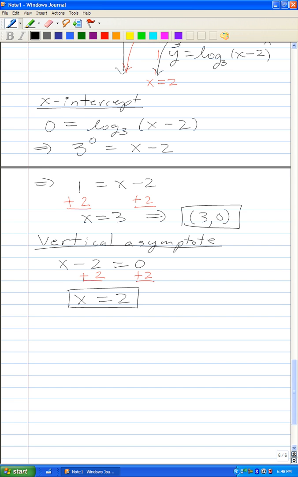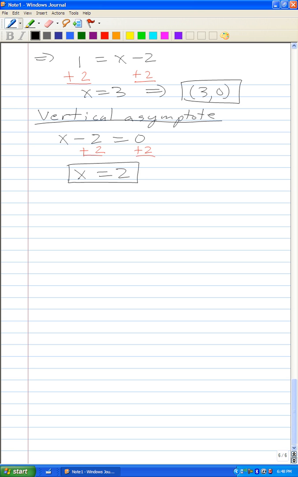Let me do problem number 50. f of x equals -2 plus log base 3 of x minus 1. So let's rewrite this as y equals -2 plus log base 3 of x minus 1. Add 2 to both sides of your equation.